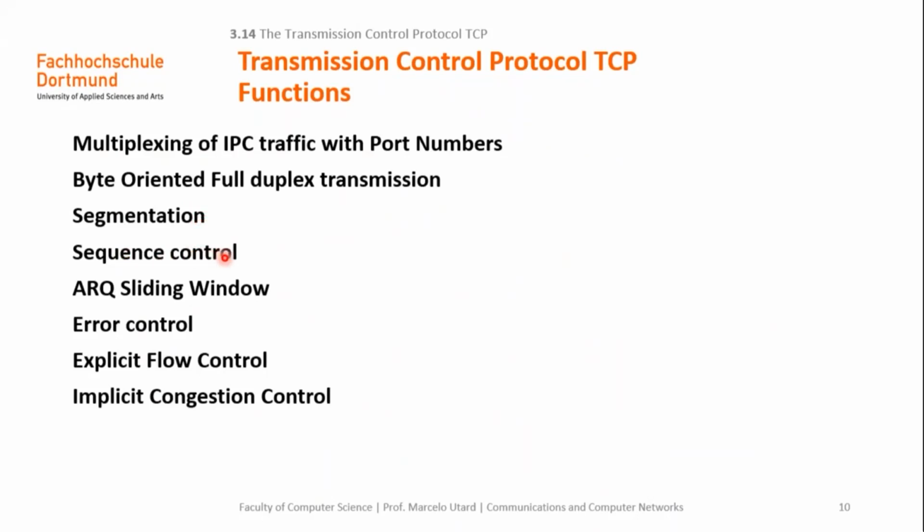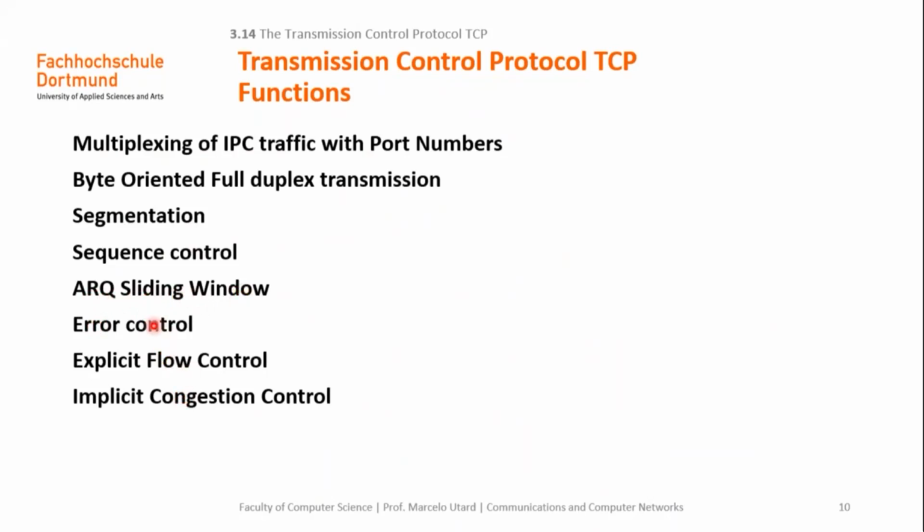In order to implement other controls like error control, flow control and congestion control, TCP implements a mechanism called automatic repeat request, ARQ, with a sliding window and go-back-N mechanism. We will see that mechanism in detail, but remember that ARQ with sliding window is the mechanism implemented by TCP that performs error control, flow control and congestion control.